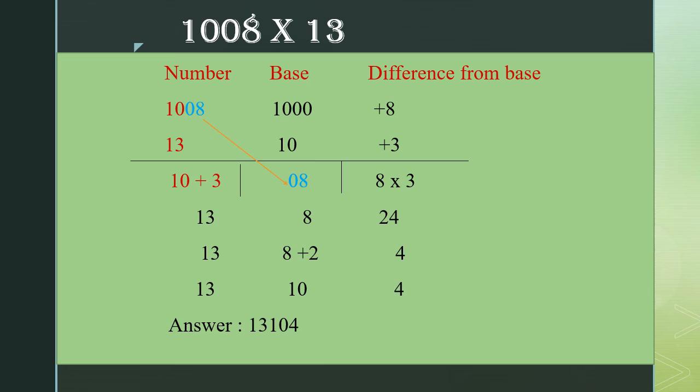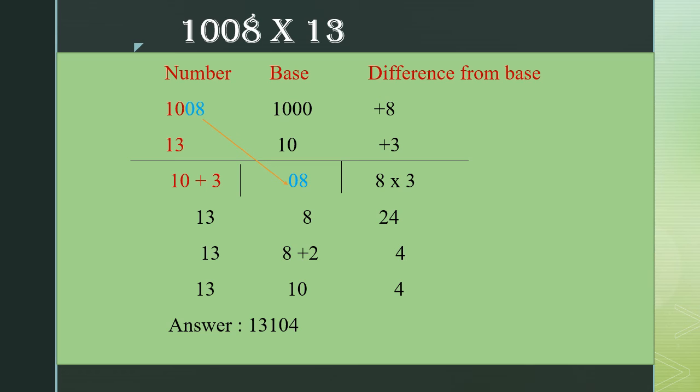Now in the second part, the number of digits depends on the difference of the number of zeros in the bases. I'm repeating it.